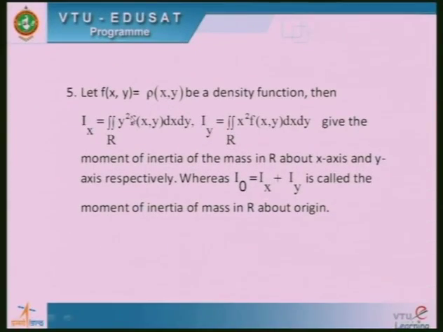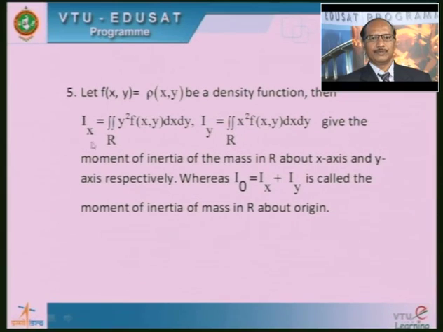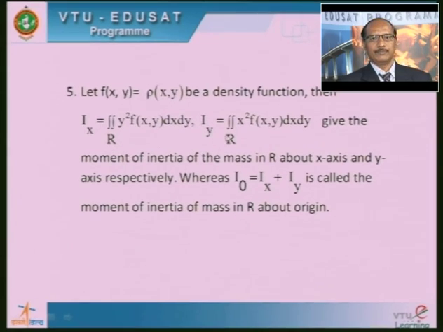And also, with f(x,y) as rho, the density function, denoting Ix, that is the double integral of y square into f(x,y), the function multiplied by y square, integrated with respect to x and y. Similarly, another one, Iy, is the double integral of x square into f(x,y) dx dy.